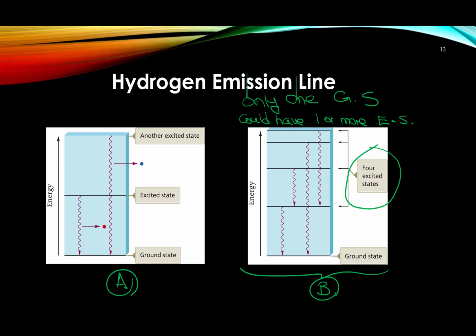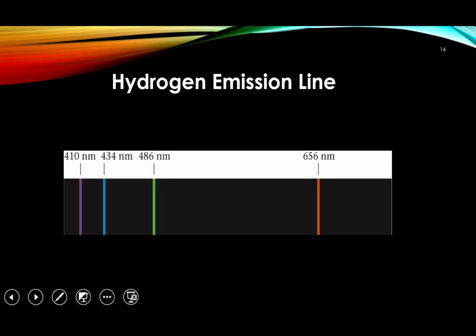We have only one ground state, but one or more excited states, and hydrogen has 4 excited states. That's why you will see 4 different emission lines for hydrogen at different wavelengths.